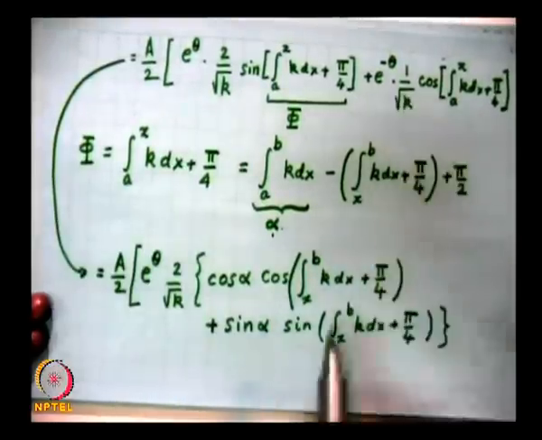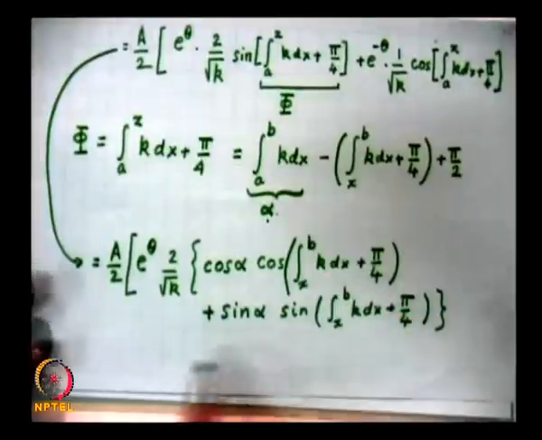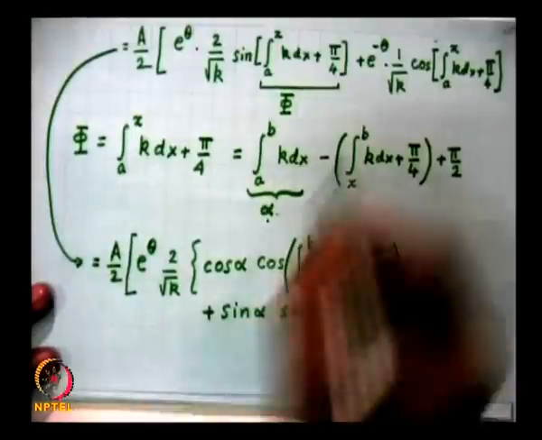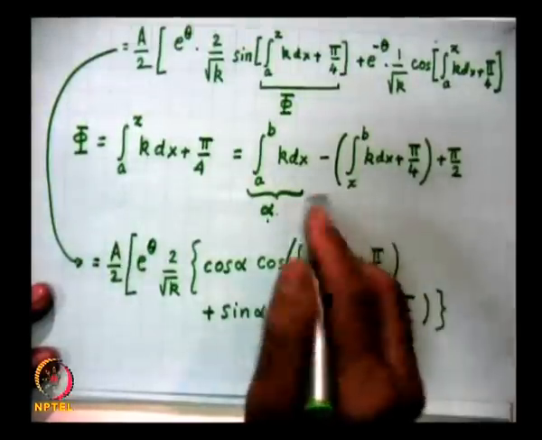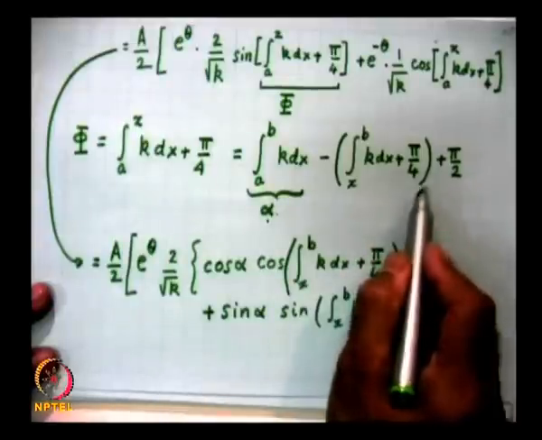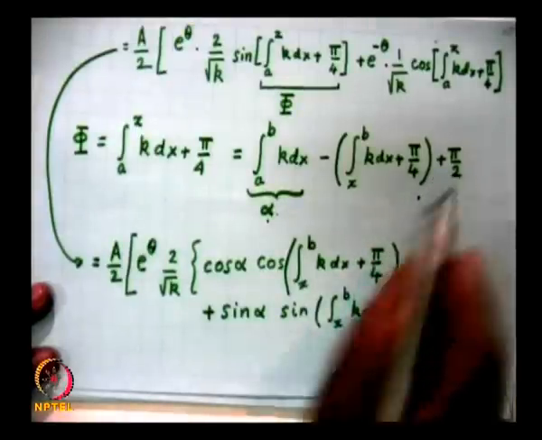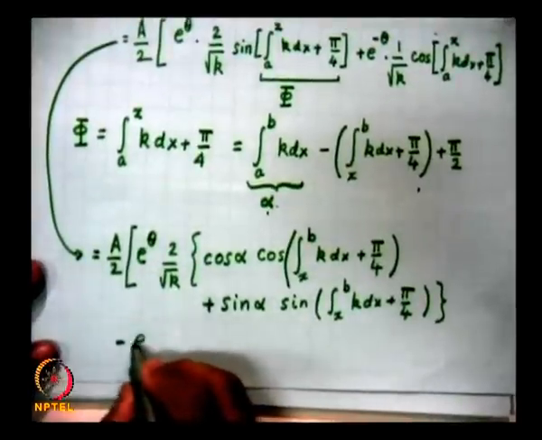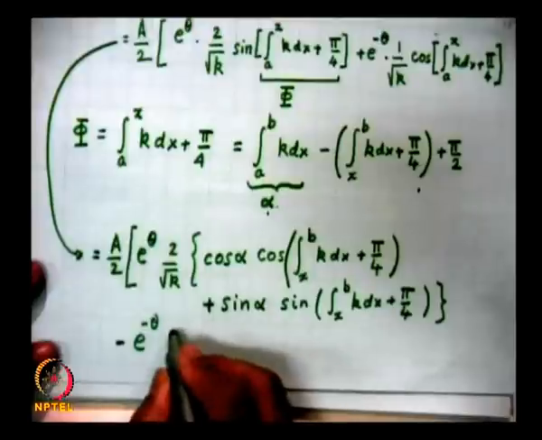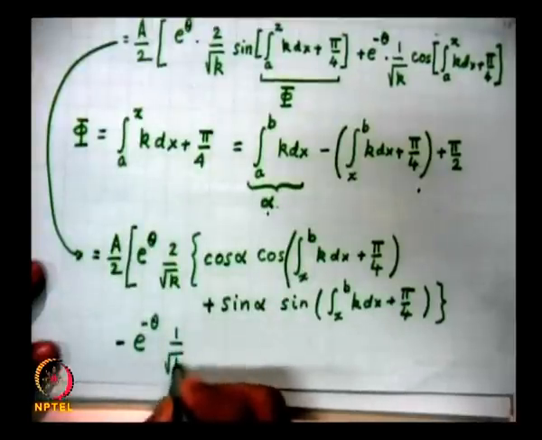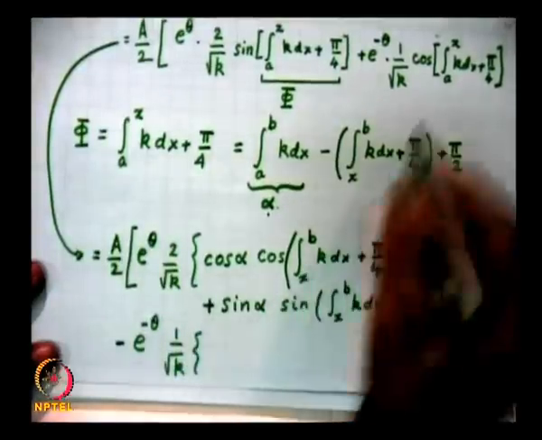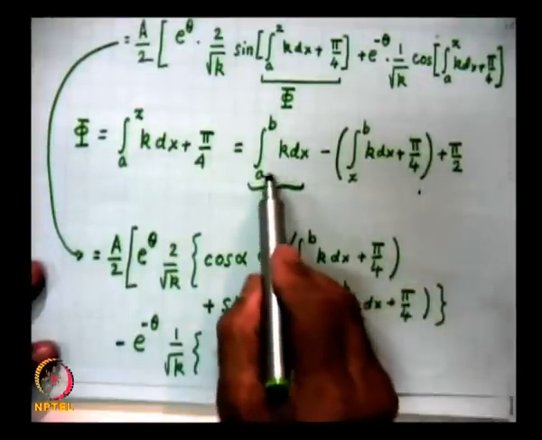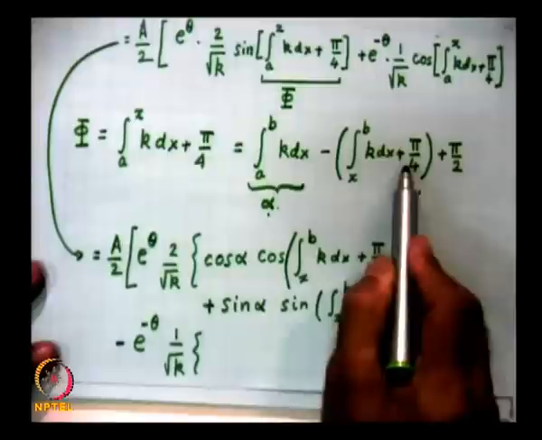And then there will be another term. So, when there are more than 2 turning points, life is in general a little complicated. So, you get cos of pi by 2 plus the whole thing, so that is minus sine. So, this becomes minus e to the power of minus theta, 1 over root k, sine of alpha minus this thing.